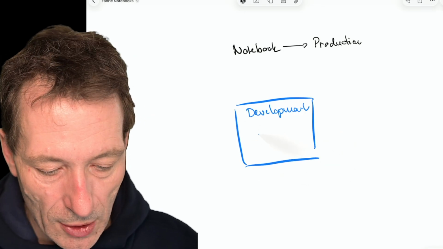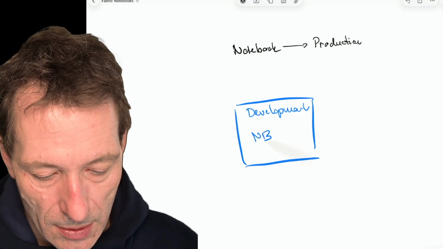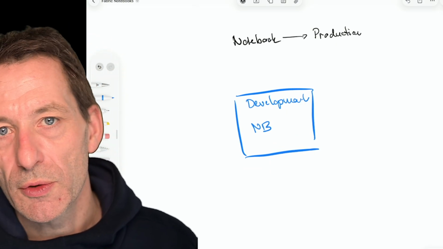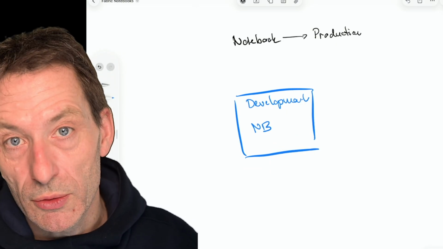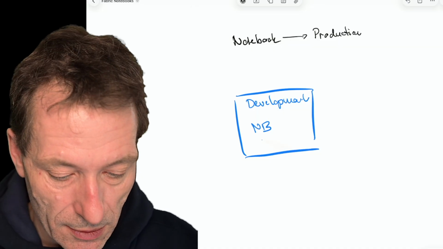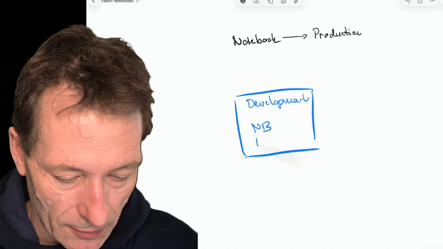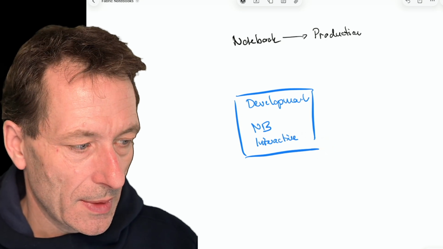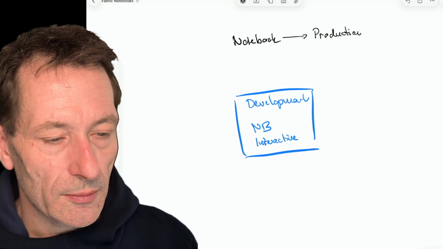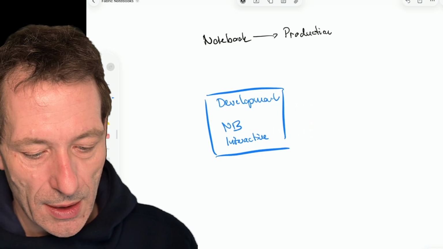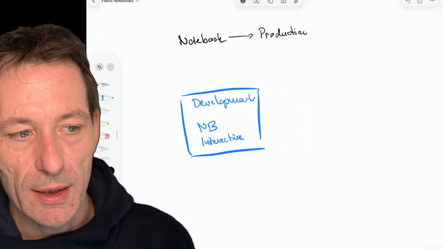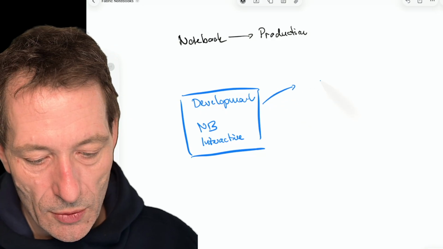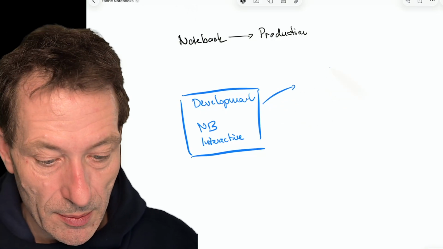And in that development, you will execute your notebook typically in an interactive way. So you'll run a cell, use the result, change your code, rerun the cell, and so on. So this is interactive. Once this interactive notebook runs in a way that you want it, then you can use it for testing, for example, right?